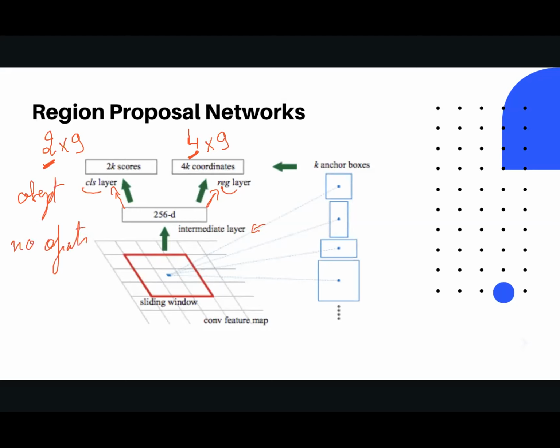And in the case of the 4, what are they? So these 4 are, what we were saying, the improvement of the anchor box. These will provide us a much better fit of the objects that we're looking for compared to these anchor boxes.